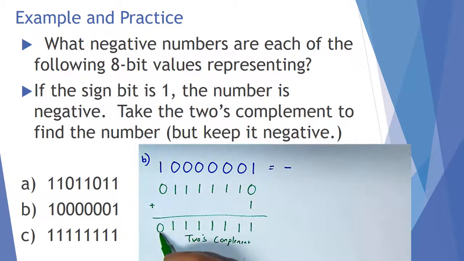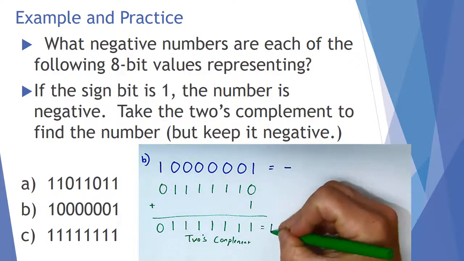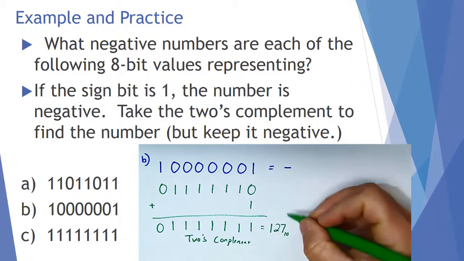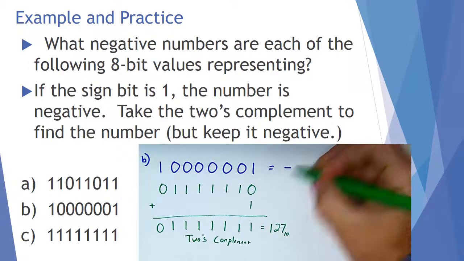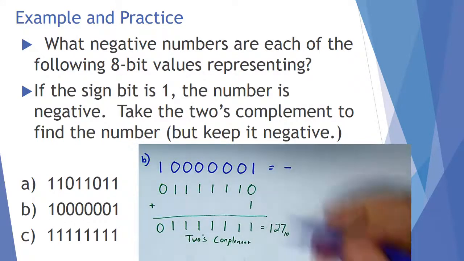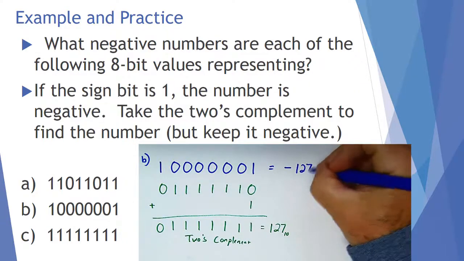That tells us this is a positive number, and we can add up all these binary values: 1 plus 2 plus 4 plus 8 plus 16 plus 32 plus 64. That equals 127 in base 10. And therefore our original number, since this was the 2's complement, must have been negative 127.